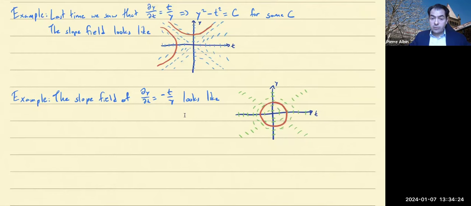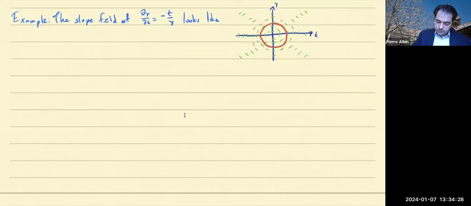Let's actually work out what the solutions are here. This equation is separable, so we can rewrite it in terms of differential forms as saying y dy is equal to minus t dt, and then we can integrate both sides.